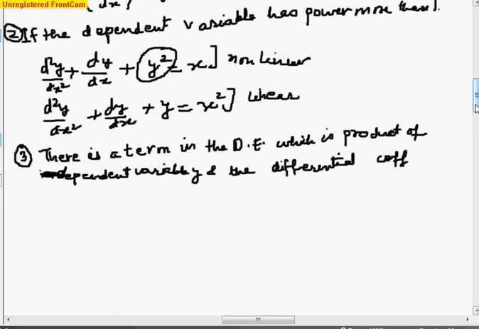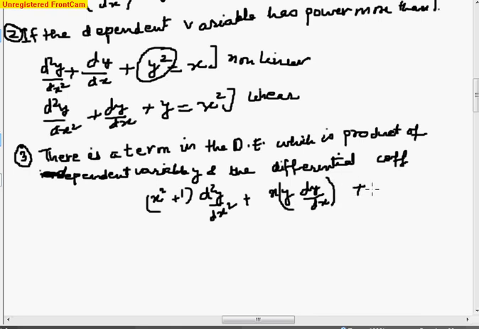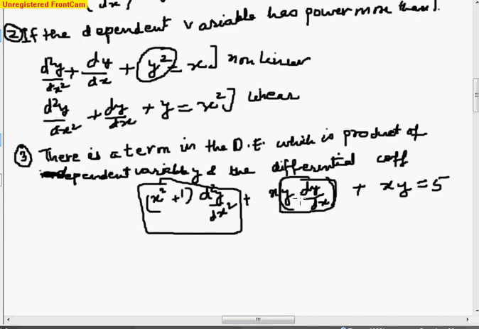If I have this differential equation, (x square plus 1) into d2y by dx square plus xy dy by dx plus xy is equal to 5. See, this term does not have any problem, right? Because here the coefficient is a function of x only. But in this term we have a product of the dependent variable y and the differential coefficient. So this is a non-linear differential equation.